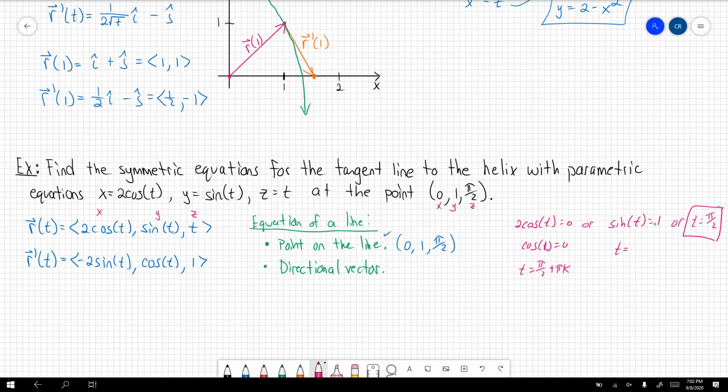Well, that's going to give us t is equal to pi halves plus 2 pi k. And again, since they give us t is equal to pi halves, we don't need that 2 pi k. So all these answers lead to the exact same value. T must be pi halves. So if t is pi halves, let's get that directional vector going. R prime evaluated at pi halves.